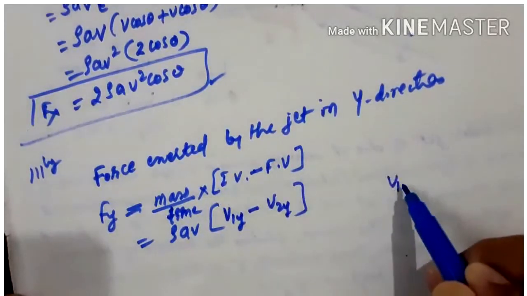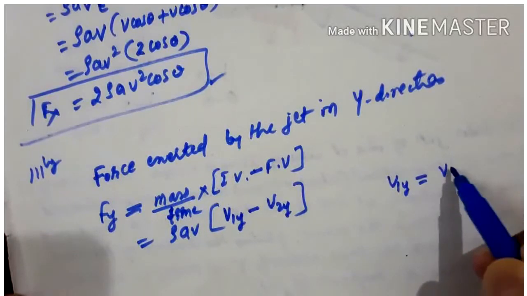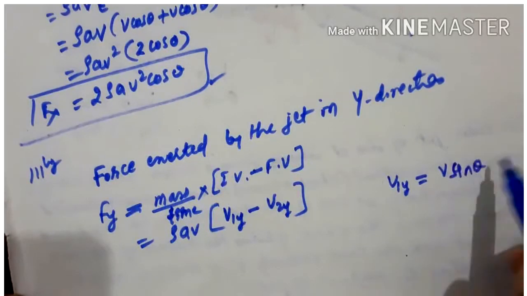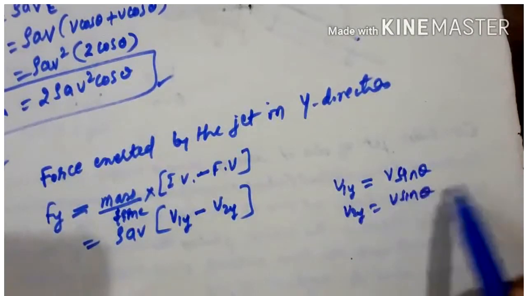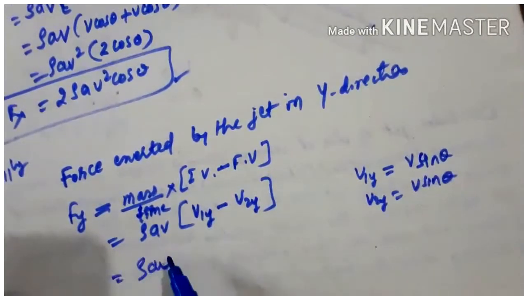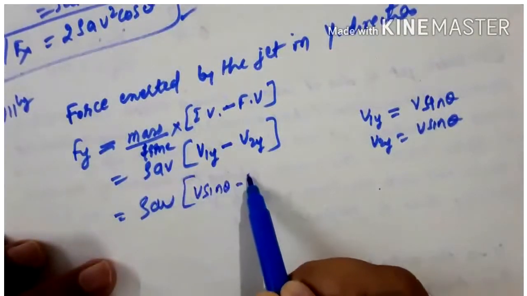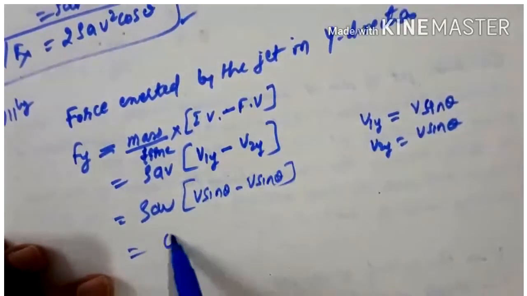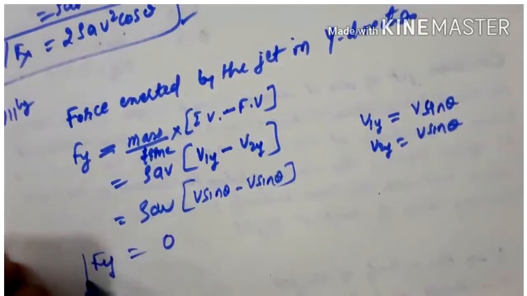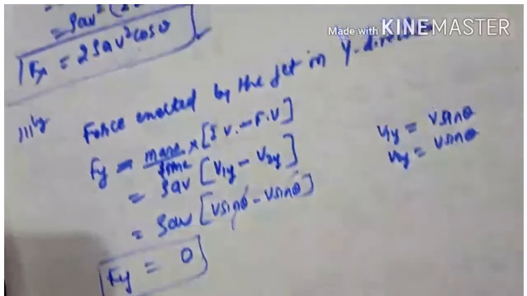What do I get? Rho a v times (sin theta minus v sin theta)... the terms cancel, and you get the answer 0.